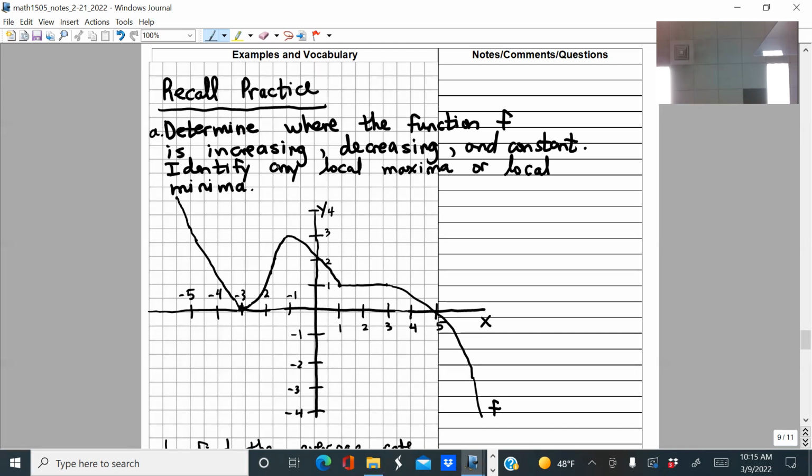So remember, you're doing this from the graph, so you're just going to have an estimate, right? So you just have to kind of look and give it your best guess.